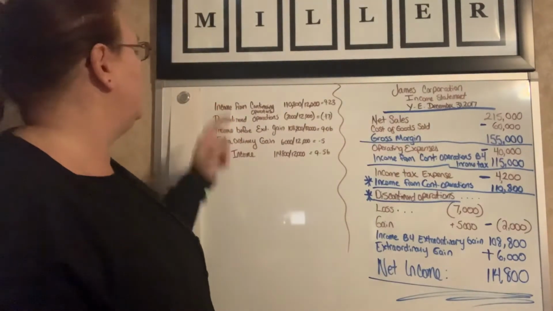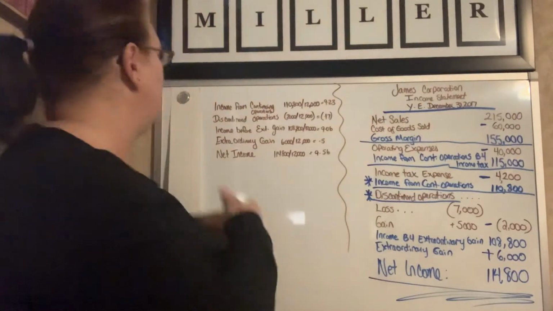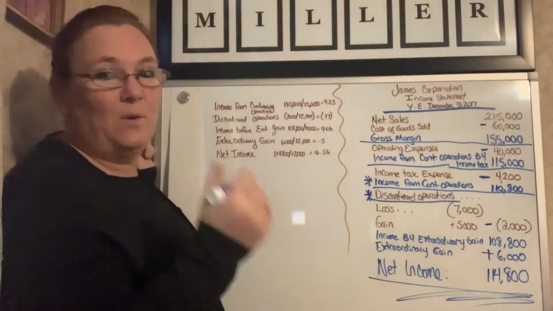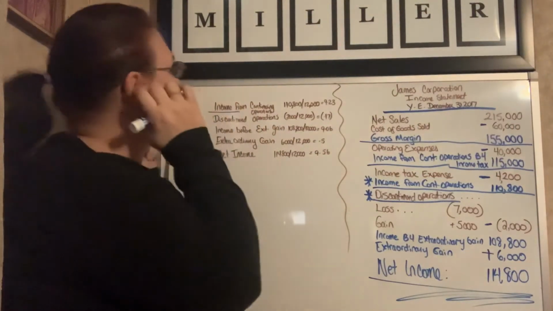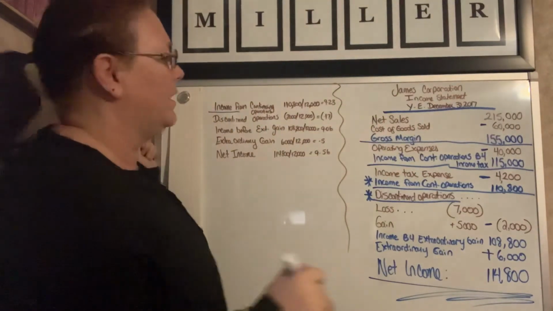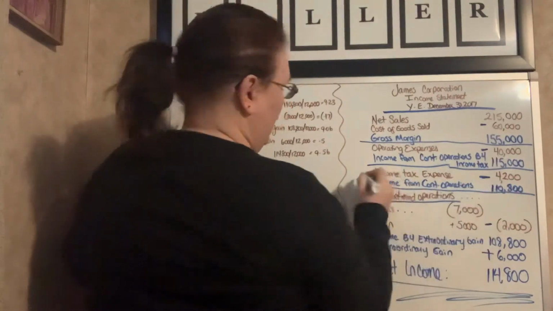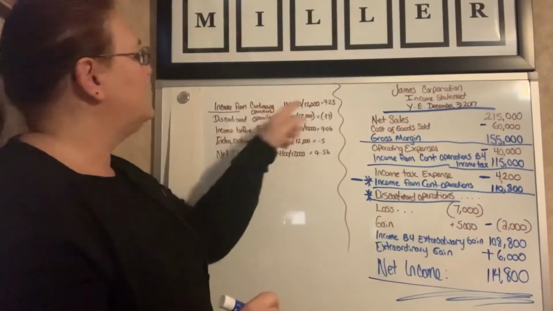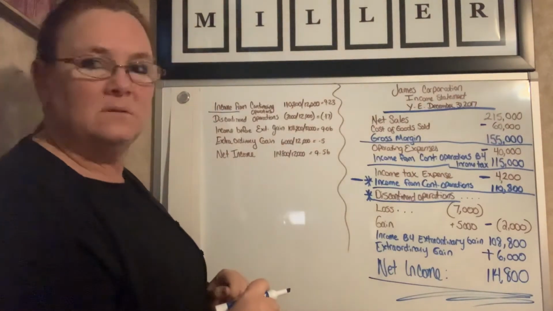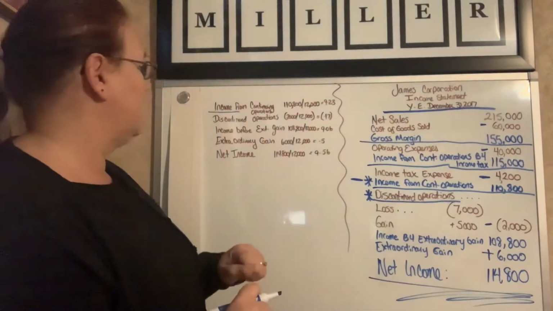Again, I'll send you this data in Canvas. You have income from continuing operations, which is this total right here, 110,800. Divide that by 12,000, gets you 9.23.